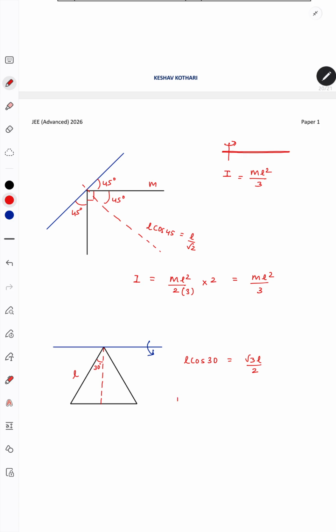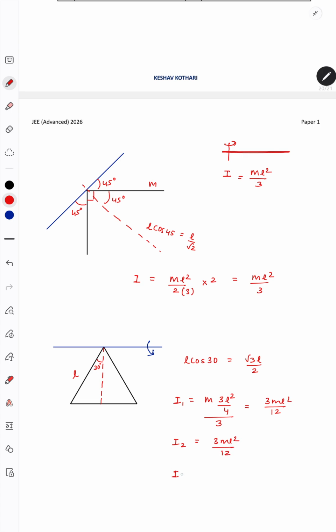So for one of the rods, the moment of inertia is going to be m L square by 3. So we can write it as 3 mL square by 12. For another rod, it is again going to be 3 mL square by 12.